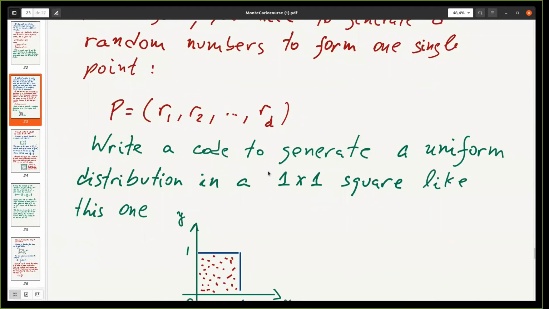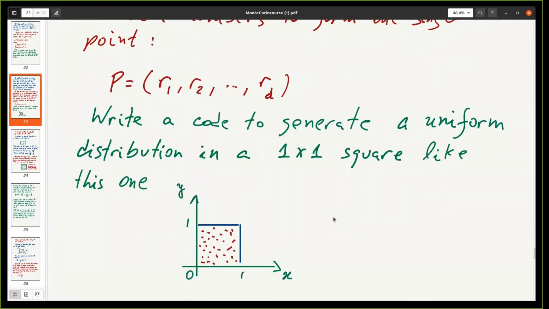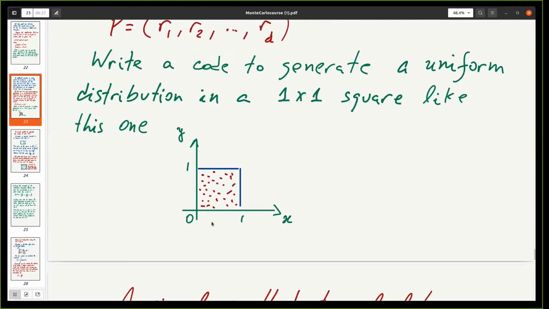So write a code. This is a second activity for this class. Write a code to generate a uniform distribution in a 1x1 square like this one. So you have the coordinates x and y in the space. You can imagine this is a surface. And you want to sort random numbers inside this square. This is very simple.